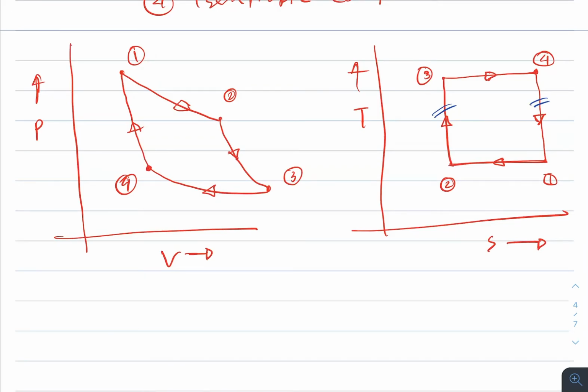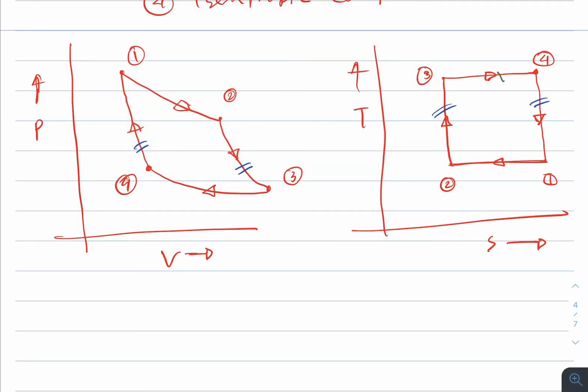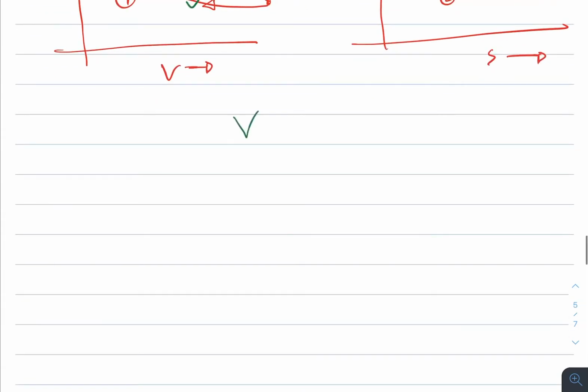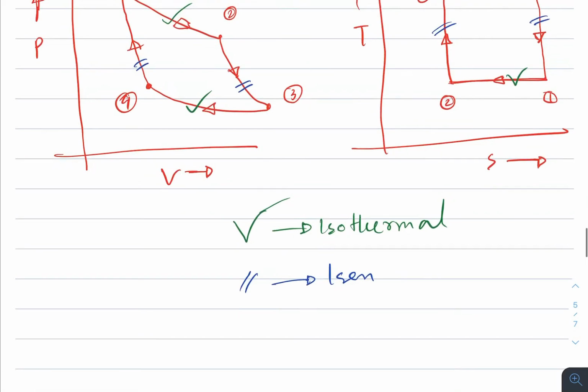These two are isothermal, and actually these other two are isentropic. So these are isothermal, and these mean isentropic.